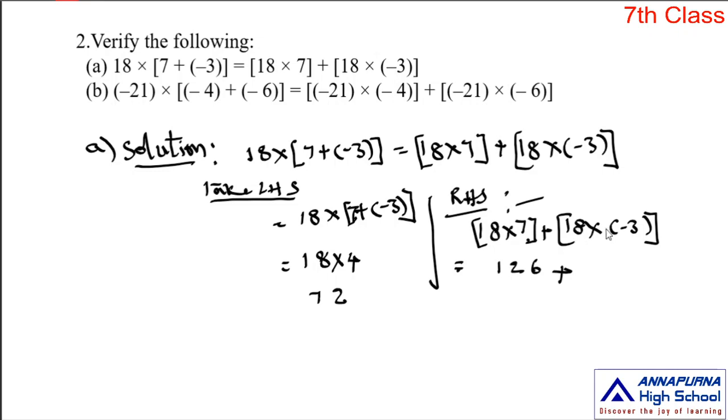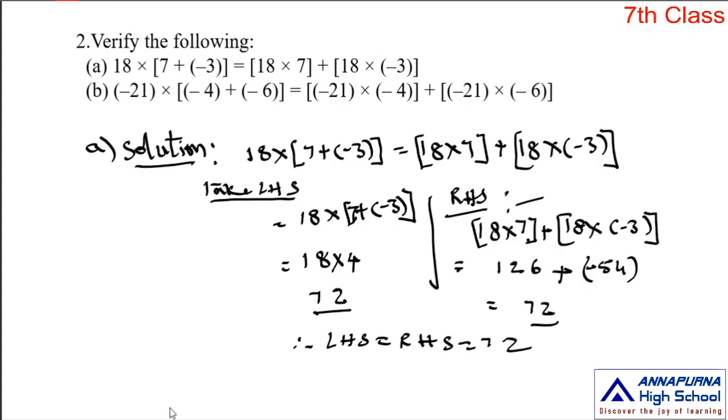The product of a positive and a negative is negative, and 18 threes are 54. So again we have the addition of two integers with different signs: plus 126 minus 54. Subtract them as whole numbers: 126 minus 54 is 72. The higher value sign is plus. So here also we get the same. Therefore LHS is equal to RHS, that is 72.